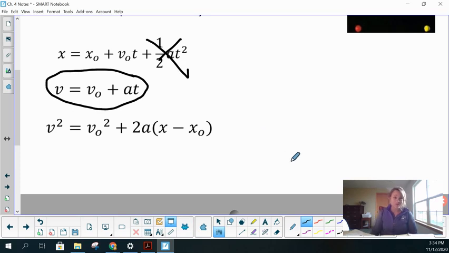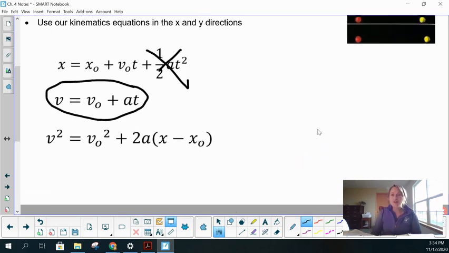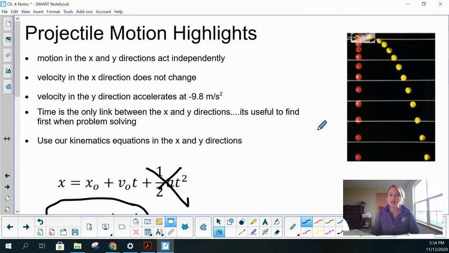Okay, so this picture up here is an interesting picture. It is like a time-lapse photo. It's taken in multiple millisecond iterations, and the red ball is a ball that's simply released, and then this yellow ball is projected outward.